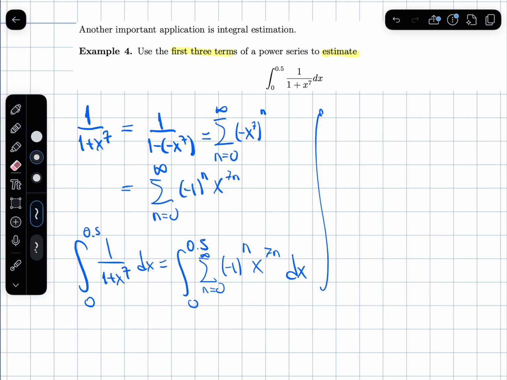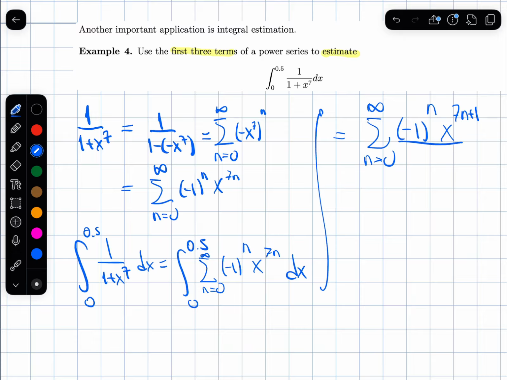Rather than do all of this again, let me integrate. I know how to integrate this. This is just a regular polynomial, so I keep the summation. Add 1 to the power, divide by the power. I've solved my integral. I'd add the plus c if that were an indefinite integral, but because this is definite, I just evaluate that from 0 to 0.5.